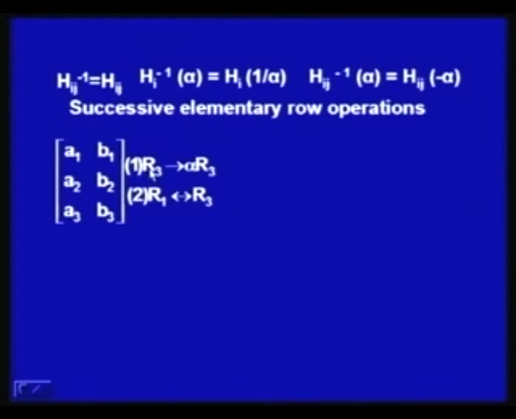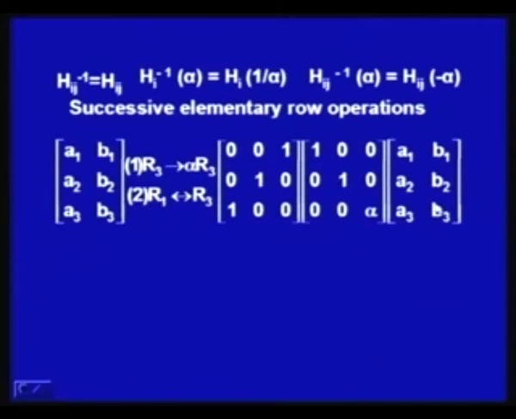The first is R3 changes to alpha times R3, and the second operation is that R1 and R3 are interchanged. Now, these 2 successive operations can be performed on this matrix, and then we will be getting this matrix. The idea is, what is this? This matrix is nothing but H3 alpha, and this matrix is nothing but H13.